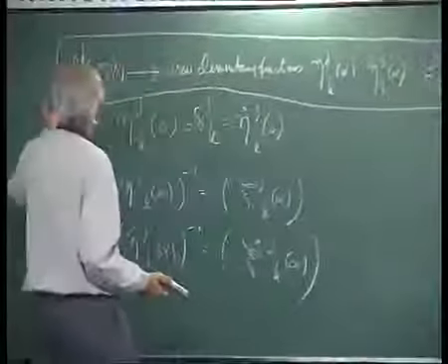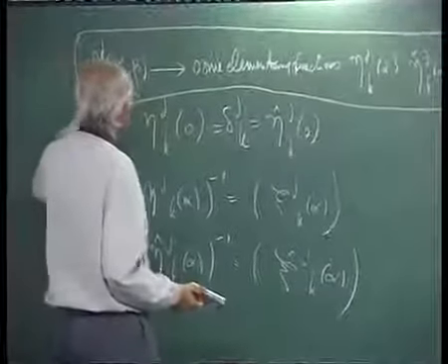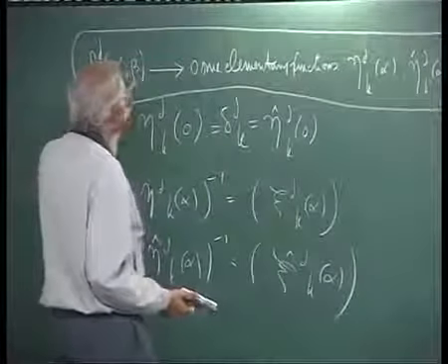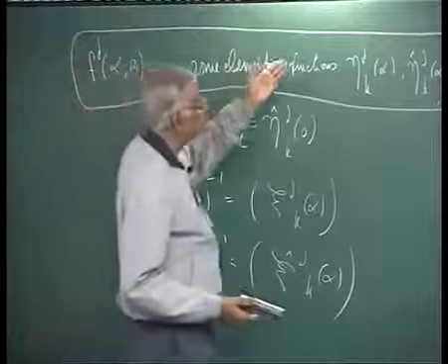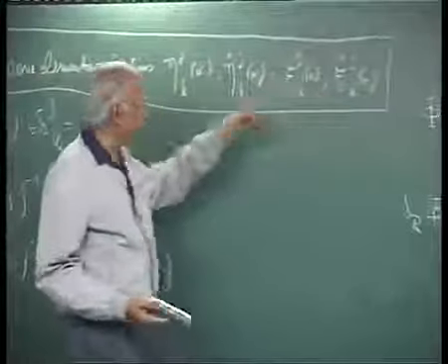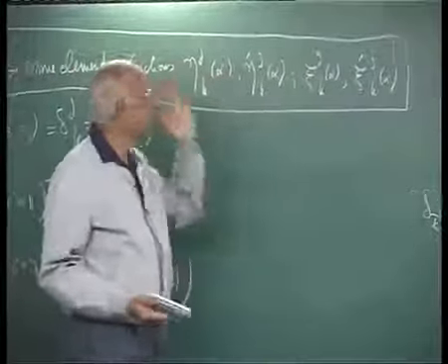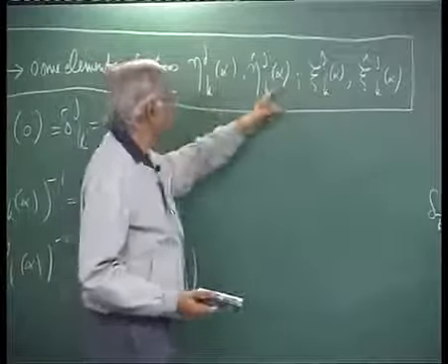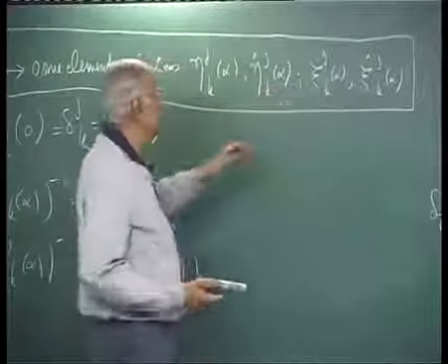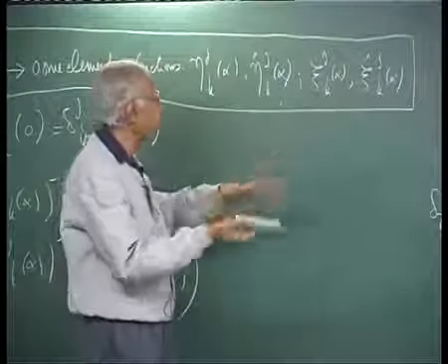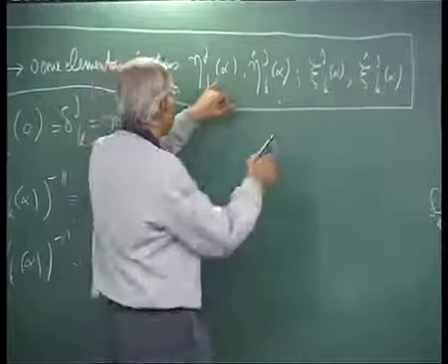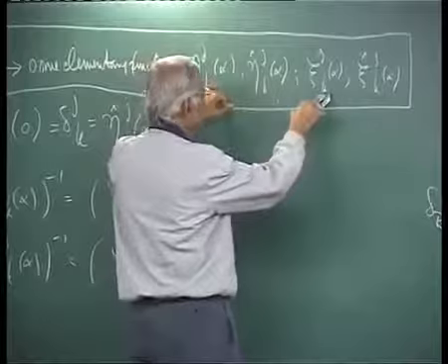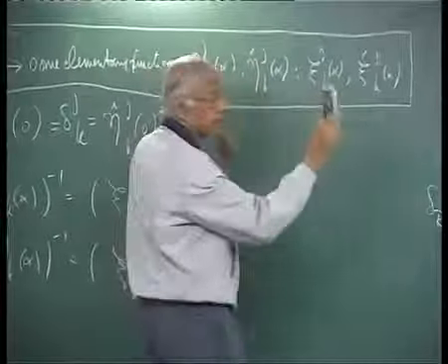I am replacing the group composition functions which depended on two group elements by several matrix functions of single group elements. 4 matrix functions, all of them at the identity are the unit matrix, and in some region around the identity, eta is the inverse of psi as a matrix, eta roof is the inverse of psi roof.